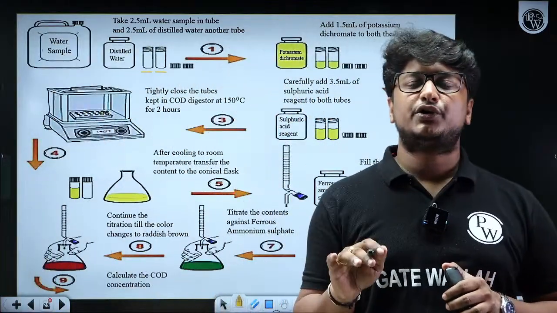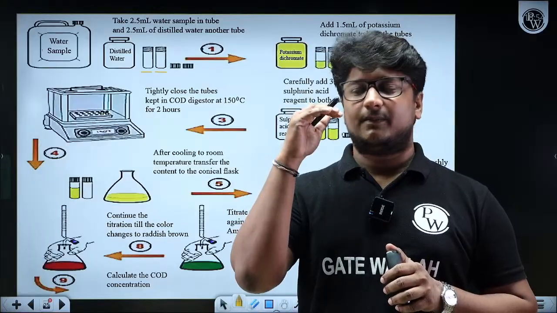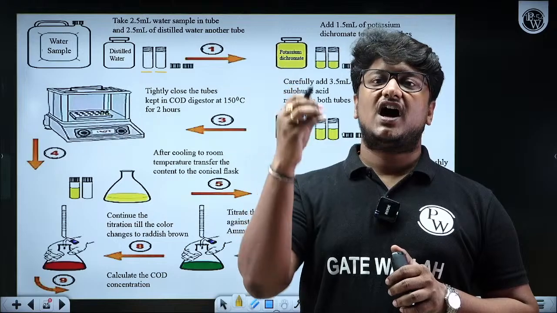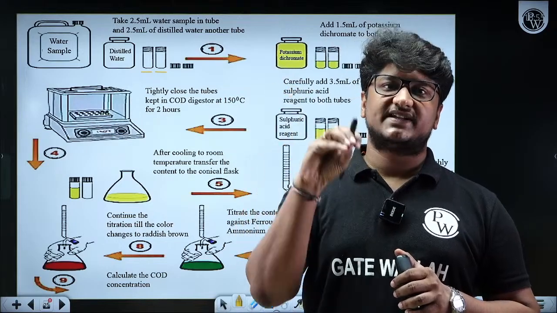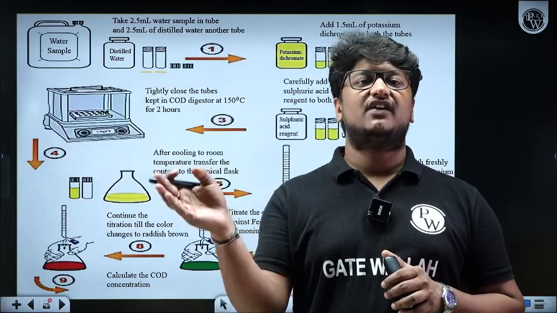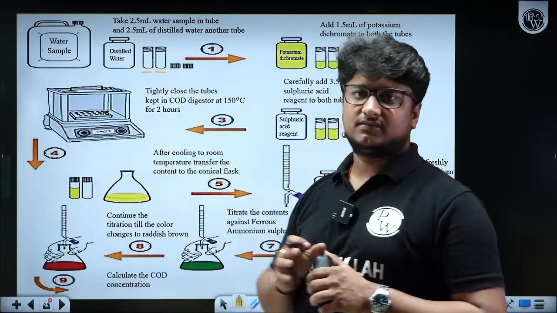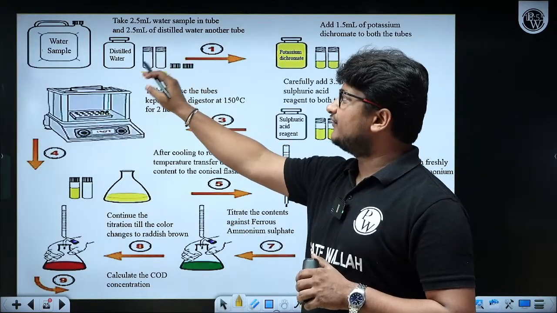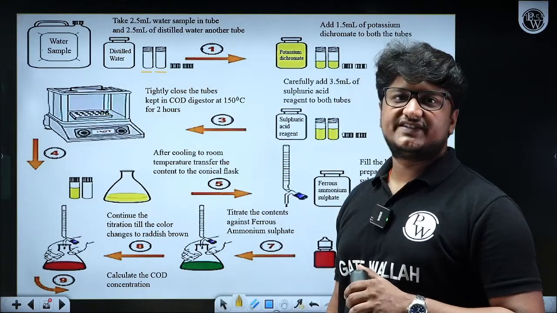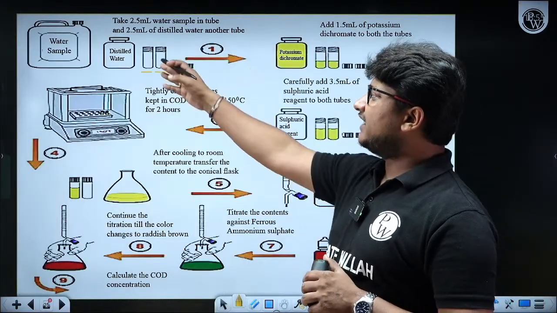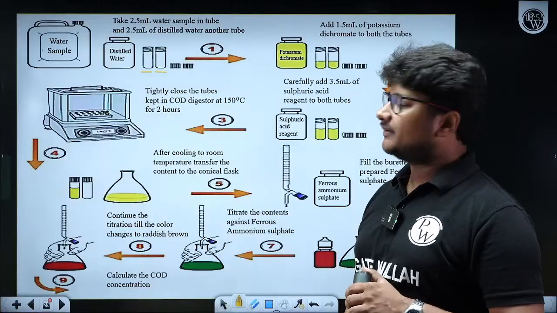Because I wanted to find out how much COD is present in the distilled water itself, so that much part I have to remove from the main data. So for that reason I am finding out, even for a blank solution, how much COD value you get, so that part I will subtract from the water sample data.